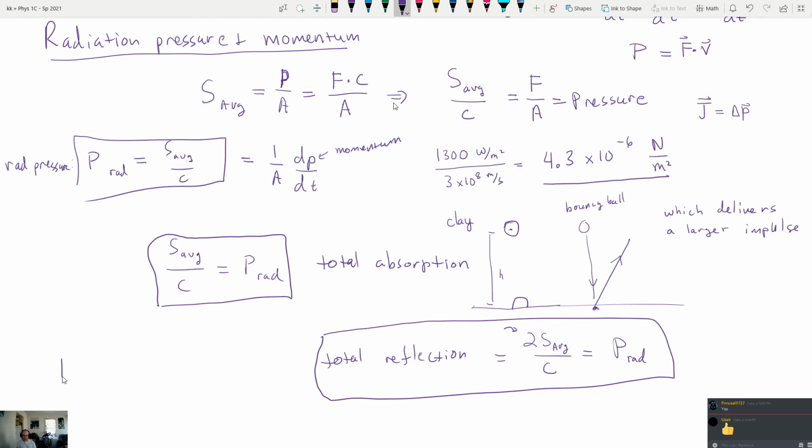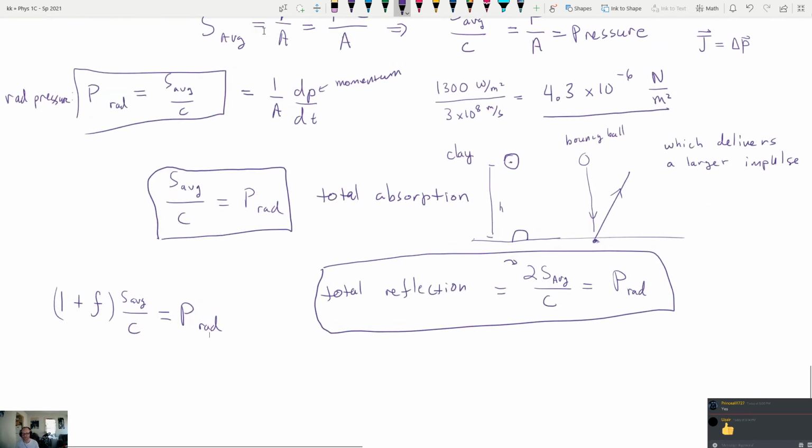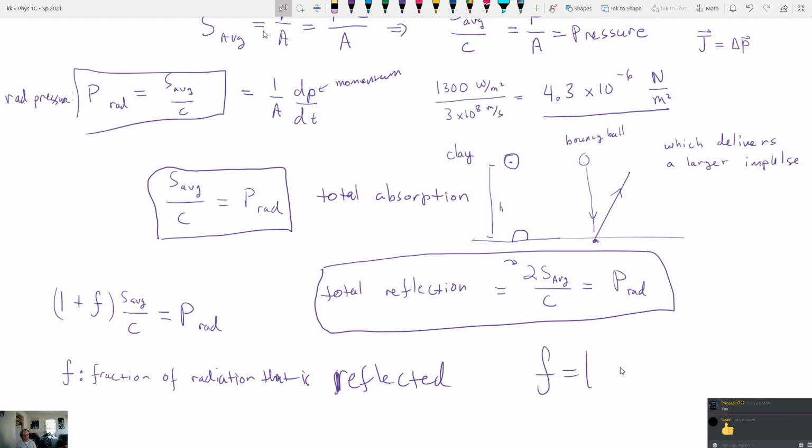You're going to have a more general expression, which is 1 plus a fraction f multiplied by S average over C. That's going to be equal to the general definition of the radiation pressure, where f is the fraction of the radiation that's reflected, where f equals 1 for a mirror and 0 for a perfect absorber, and something in between for other things, right?